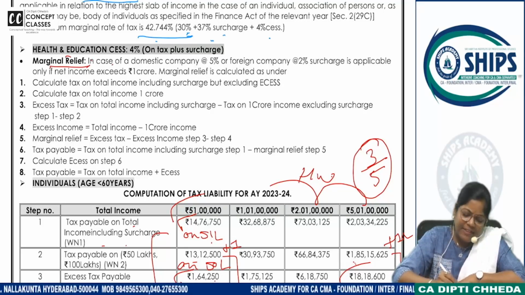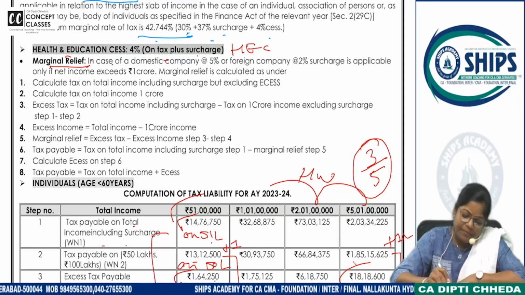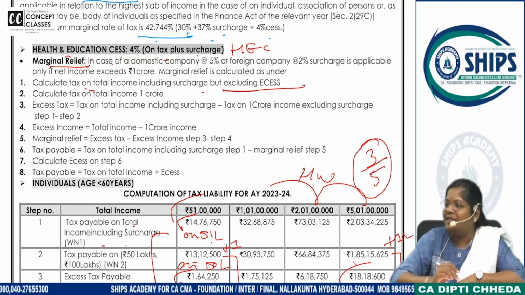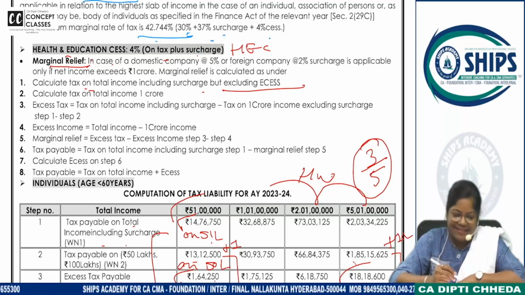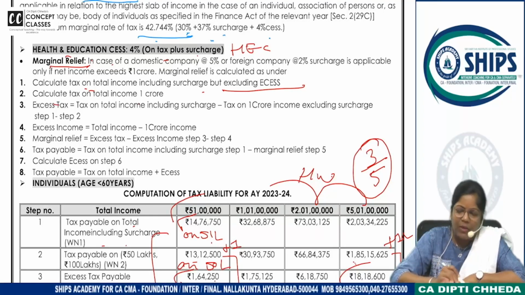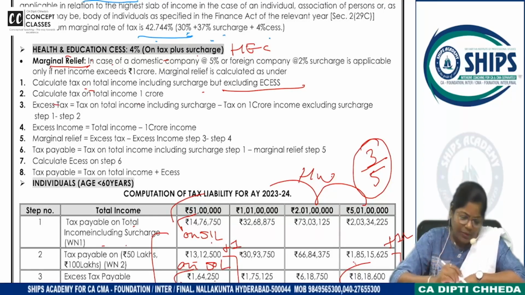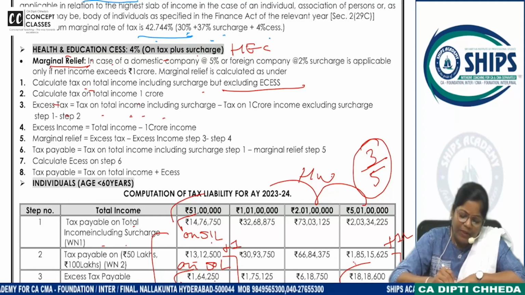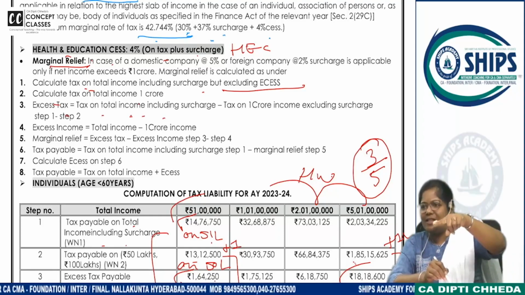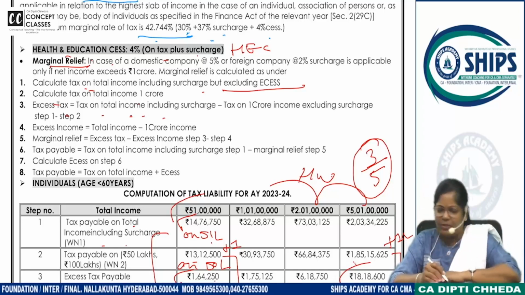Health and education cess is 4%, वो तो clear है. हाँ. Calculate tax on income including surcharge, excluding, याद है? फिर calculate tax on total income up to 1 crore. Excess tax, tax on total income including surcharge minus excluding surcharge and that 1 crore.